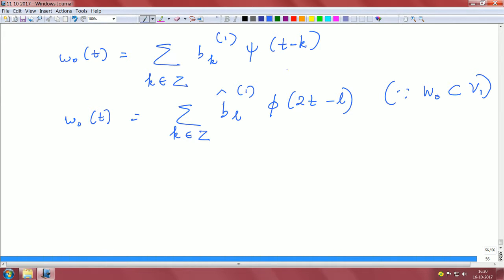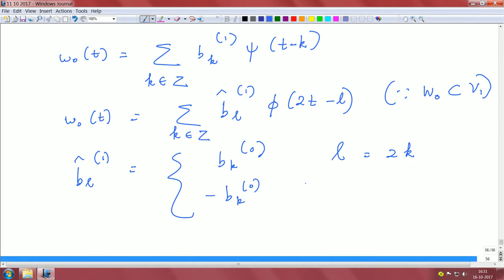So, basically I have done two forms of expansion, one in this W naught space itself and the other in this space using V1 as the basis. So, now b l hat of 1 is basically b k of 0 if l equals 2k and minus b k of 0 if l equals 2k plus 1, right.